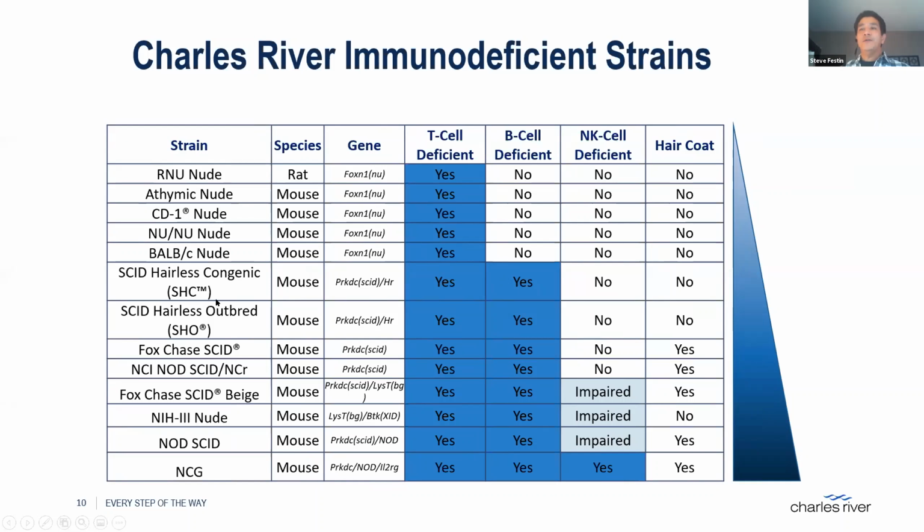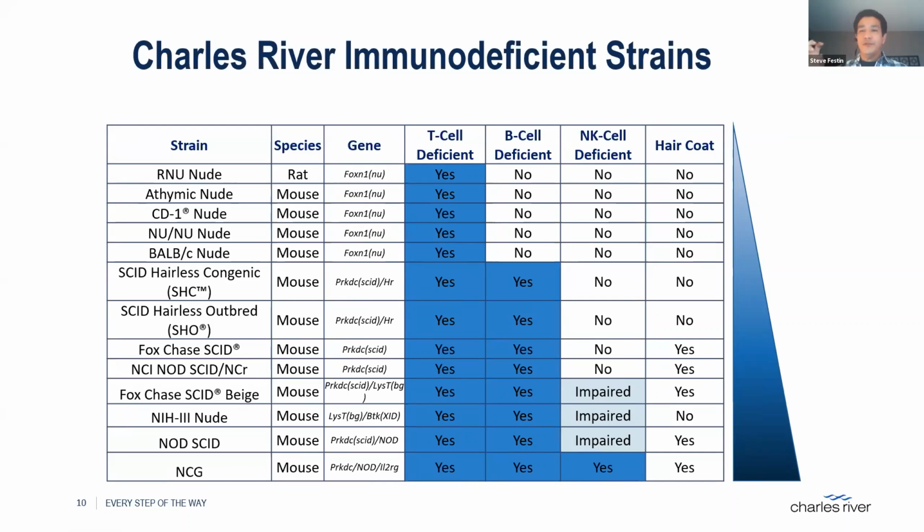They can also contain an additional modification, which in this case is called the hairless mutation. So there are hairless versions of this, and progressively further immunodeficient. In this case, the Fox Chase SCID beige has the PRKDC mutation but is also combined with the beige mutation, and also has NK cell deficiencies.